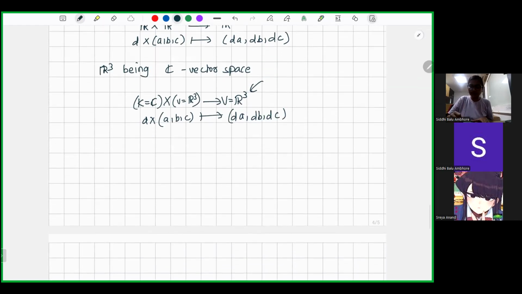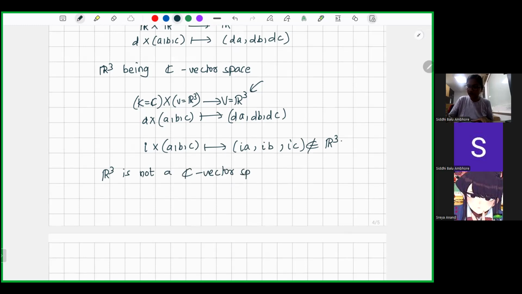So for example, if I take I from here and take ABC, then this IA, IB, and IC is not an element of R3. So R3 is not a C vector space under this scalar multiplication defined above.